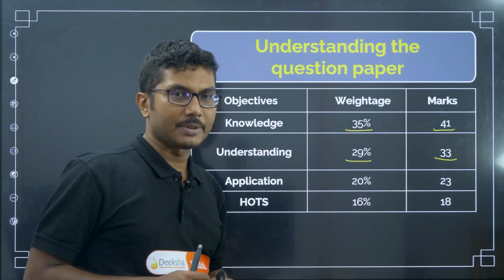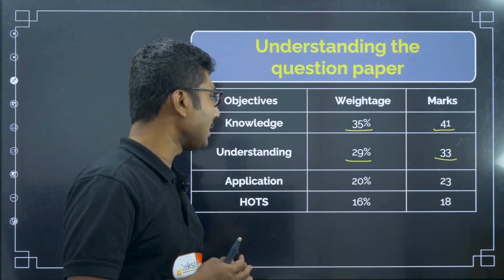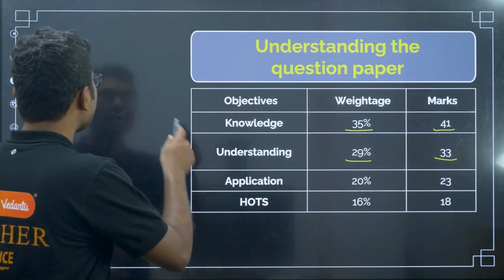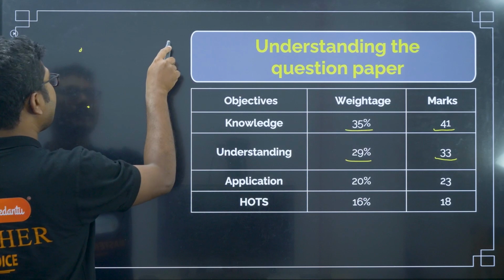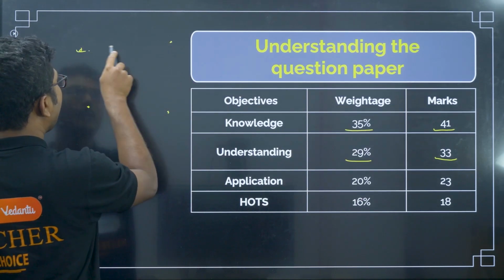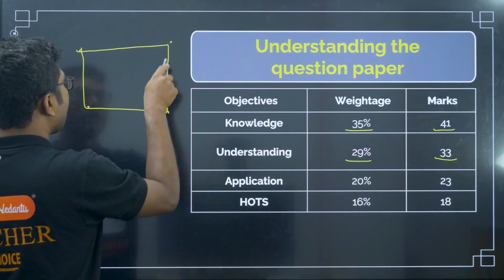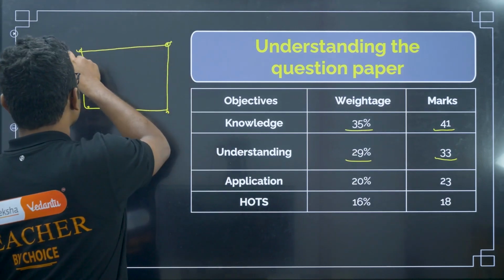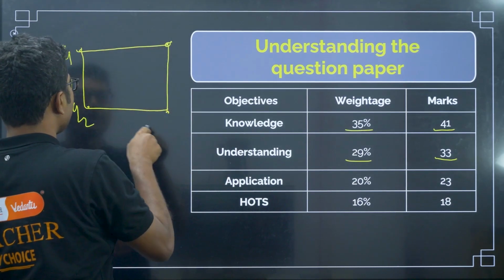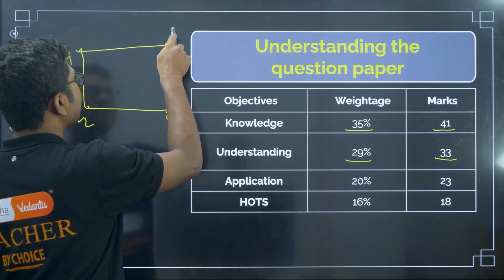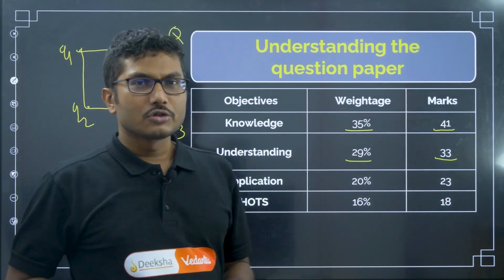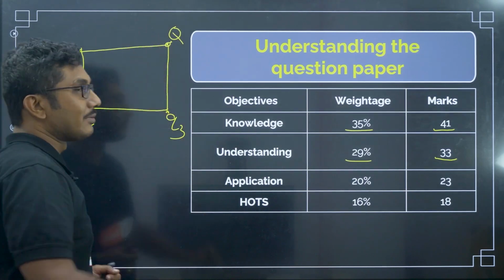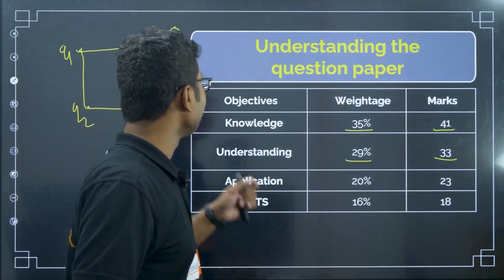Next is application based. For example, you have studied Coulomb's law. Now they will ask you to find the electric force on a fourth charge placed at a corner of a rectangle. They will give you the data, Q1, Q2, Q3, and ask what the force is on another charge, capital Q. This is an application level question, where you apply your knowledge to calculate the electric force acting on the fourth charge.